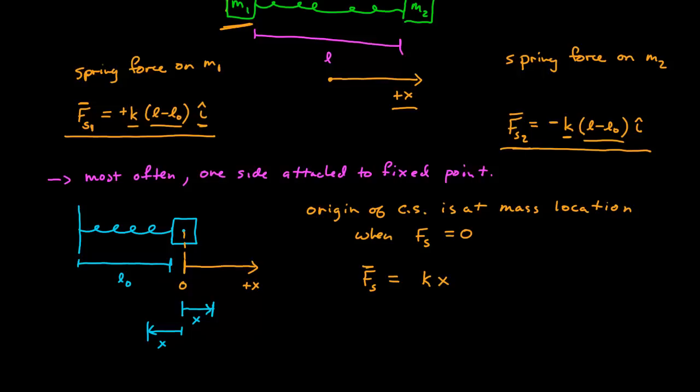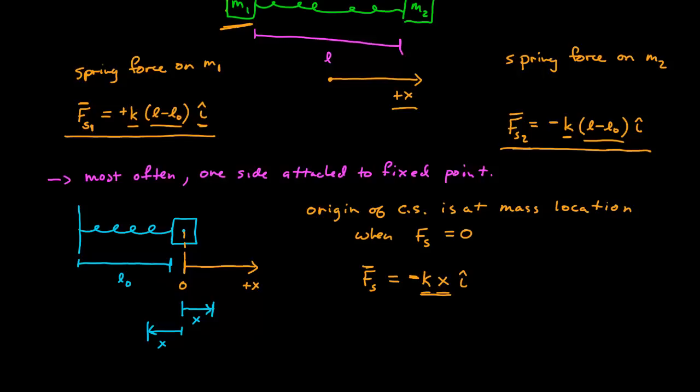And so in this case, the spring force has a magnitude which is equal to k times the distance away from the origin, which is just x. And it's negative, meaning the direction of the force always points toward the origin.